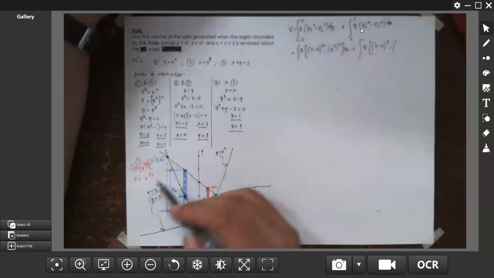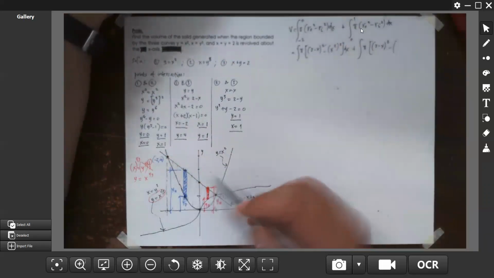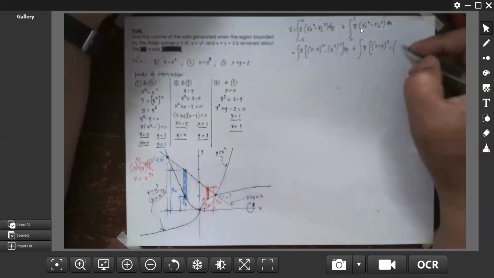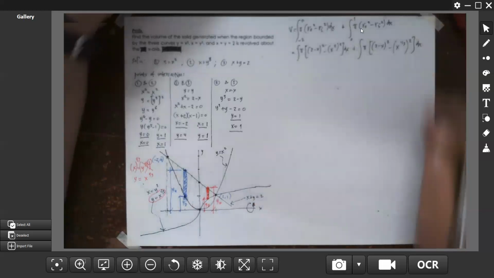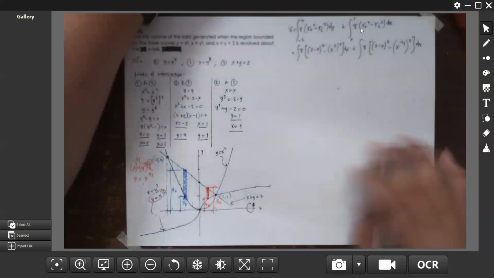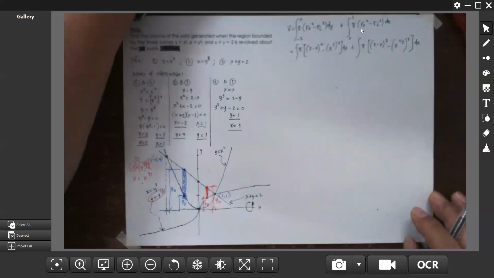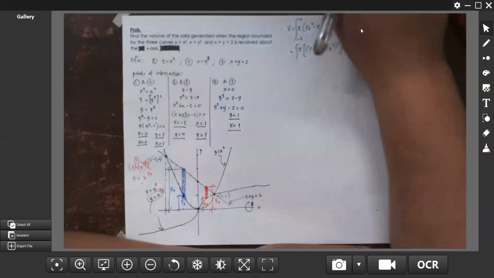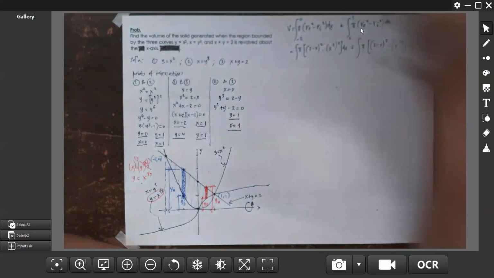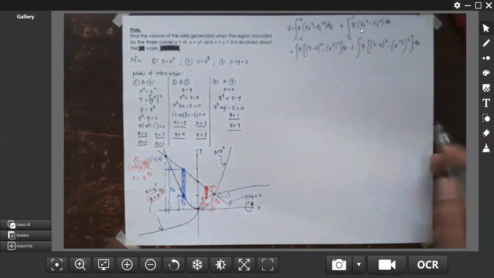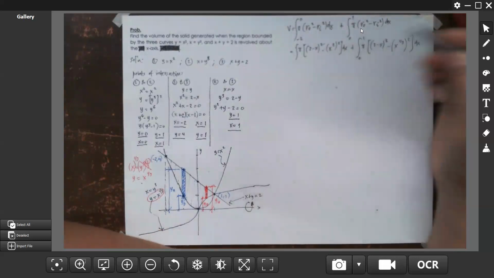So if we have y equal to x raised to 1/3, our inner radius is y down, so that would be x raised to 1/3 squared dx. The limit of this one, for the red one, is from 0 to 1.